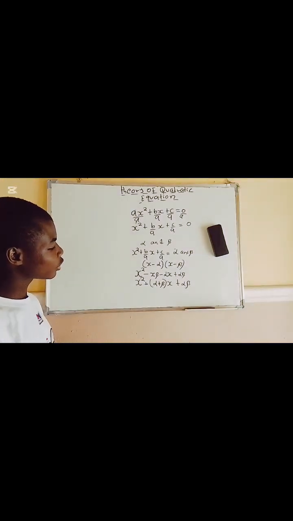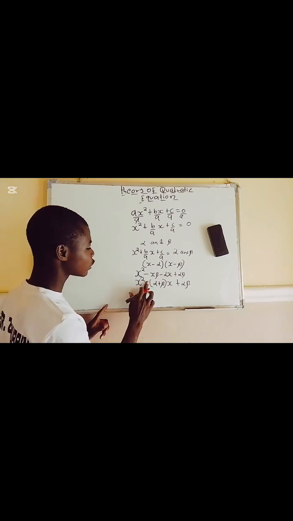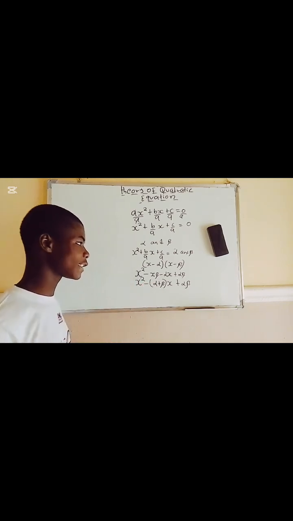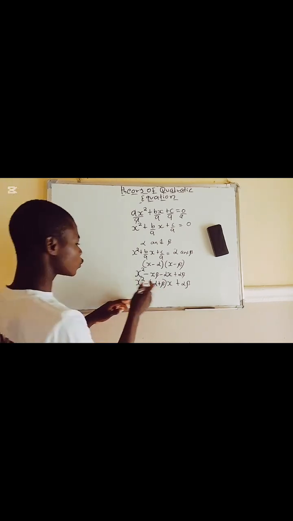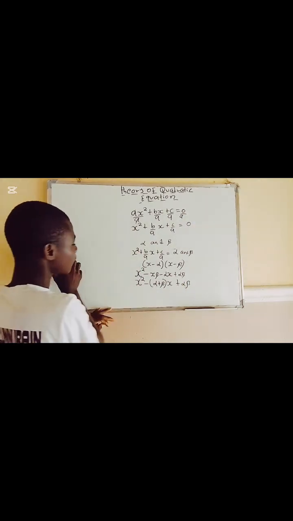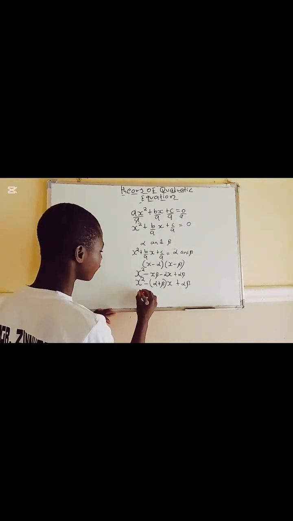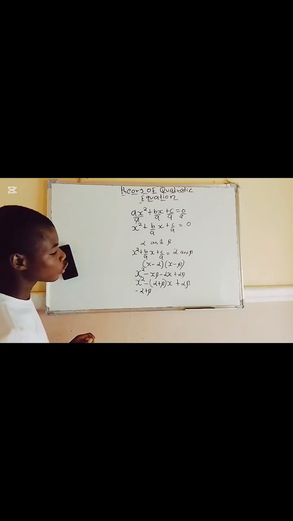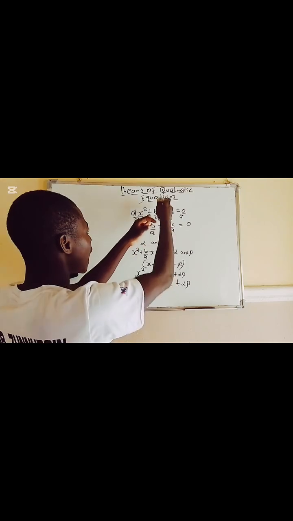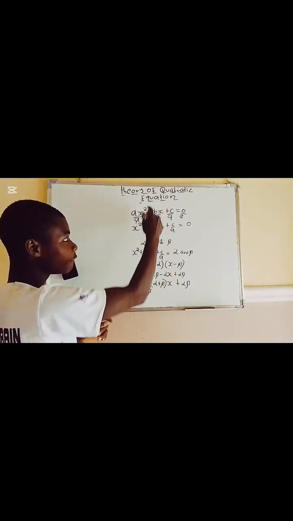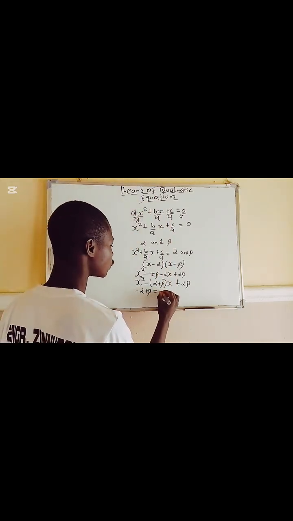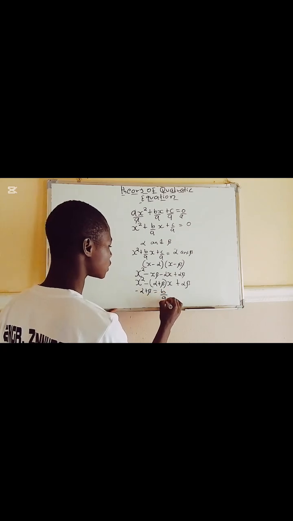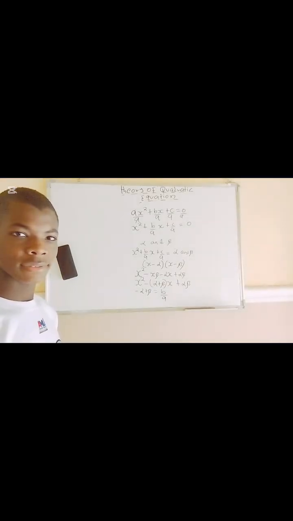Yes. But you have to understand, here it will become a negative sign. So I have the value of negative alpha plus beta. So at this stage, I have b over a, so it will be equal to b over a.